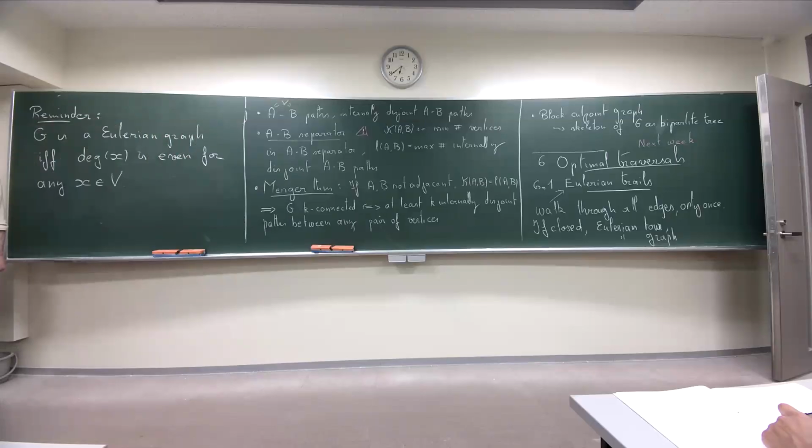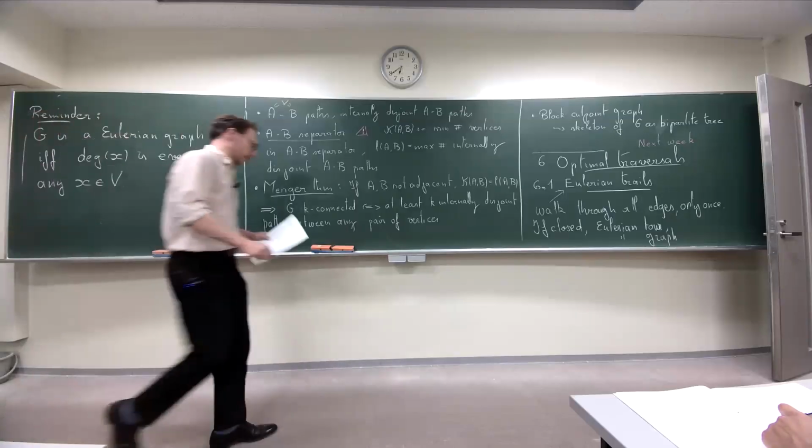This is quite easy. It is a simple statement, and the proof is also rather simple. There is a proof of this in a report, so you can find this on the website. So it's an easy characterization of what is a Eulerian graph.